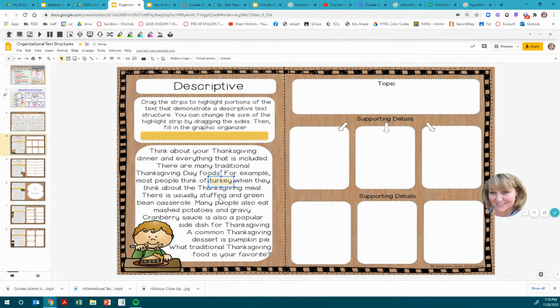They also think about stuffing and green bean casserole. So if we're thinking in terms of there are many traditional Thanksgiving Day foods, that's pretty much the descriptive part of this. So we'll put this in here. Many traditional Thanksgiving Day foods.